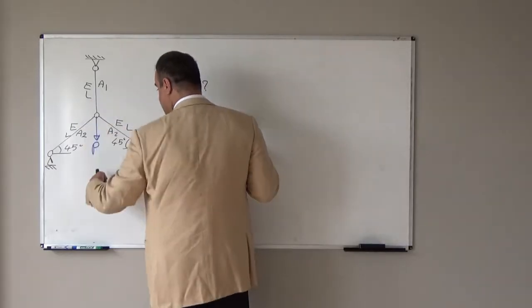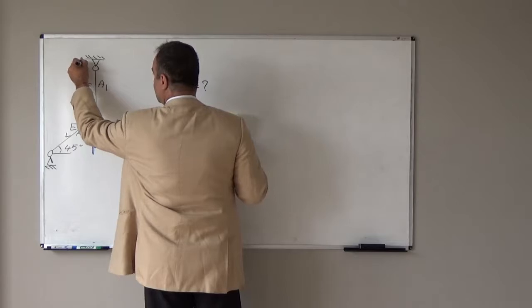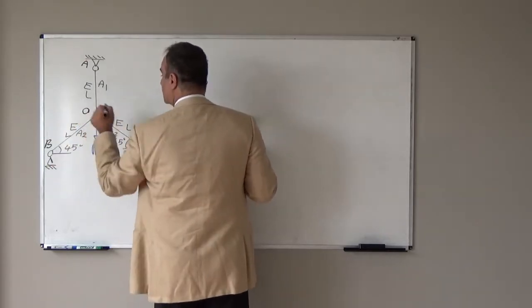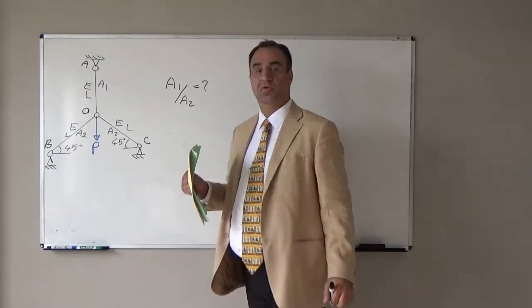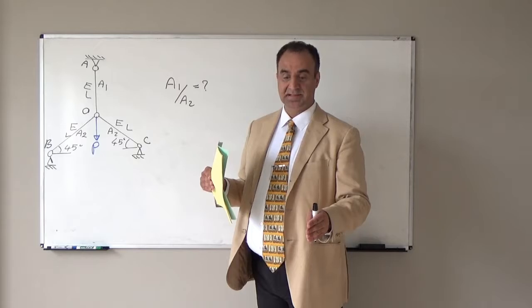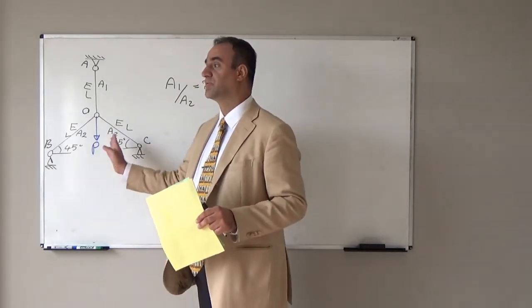If I pull this down, what will happen? Say these are points A, B, C, and this is point O. Point O will move down, and because it is an axis symmetric system, it will move down only. It will not go left or right.